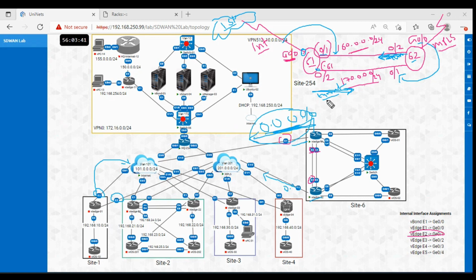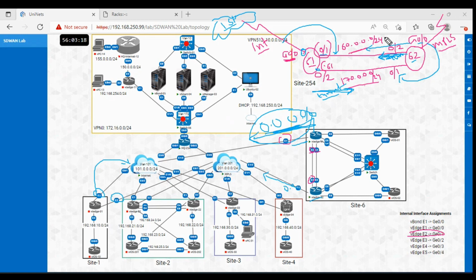Similarly, we also require routing on these routers in order to reach the respective ISPs. For example, now this is a tunnel interface on 62. We should have a static route to move all the traffic towards 61 first and then towards the ISP.